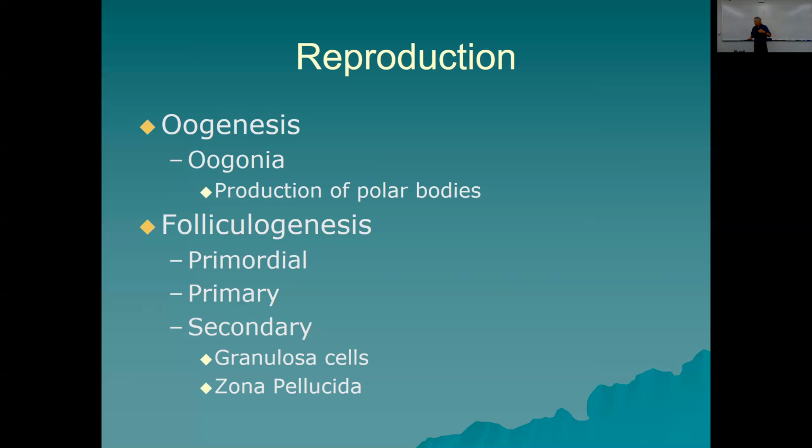Okay, so we're going to look at primordial follicles, primary follicles, and then secondary follicles with these granulosa cells, and with an antrum, a fluid-filled cavity. And there's going to be a primary oocyte that's surrounded by a zona pellucida.